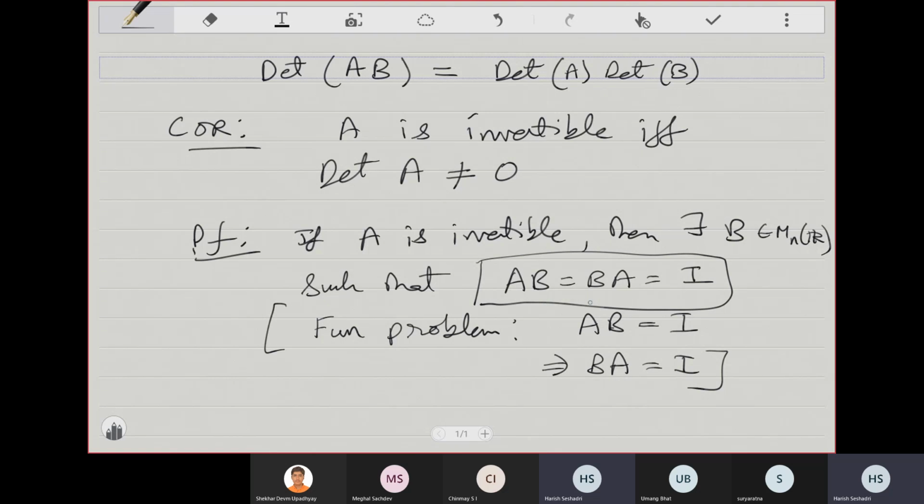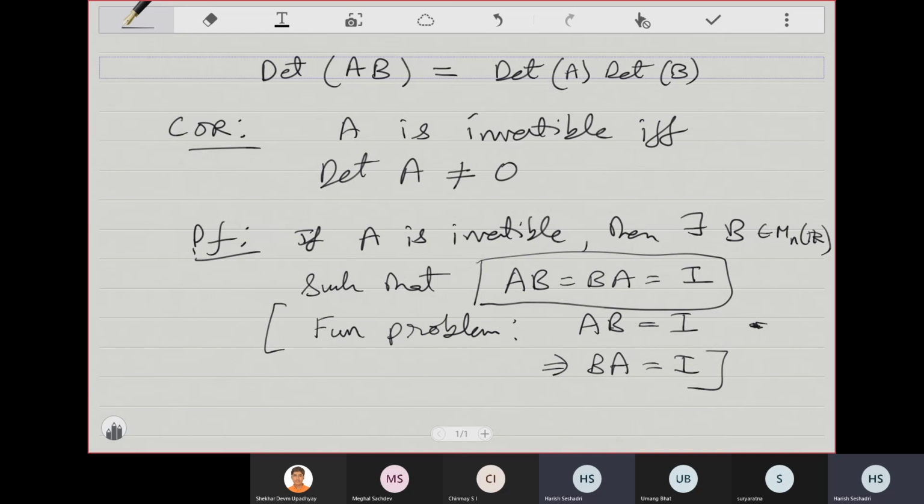But that's precisely what one is trying to prove in this problem: that one equation holds implies the other equation holds. Then you say that B is denoted by A inverse. But if you just start with one equation and then say multiply both sides by A inverse or something like that, it doesn't make sense.